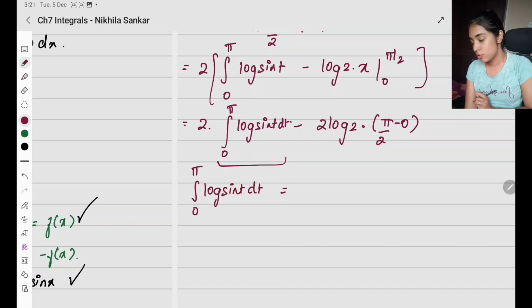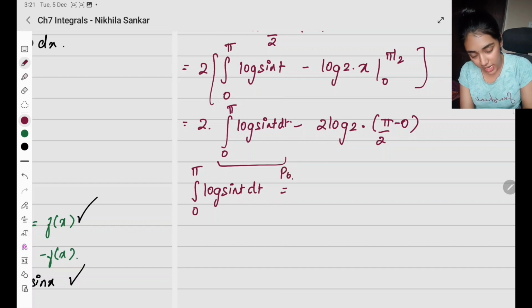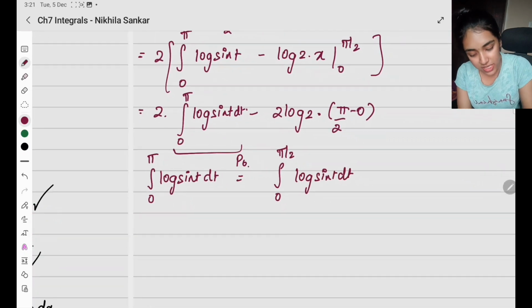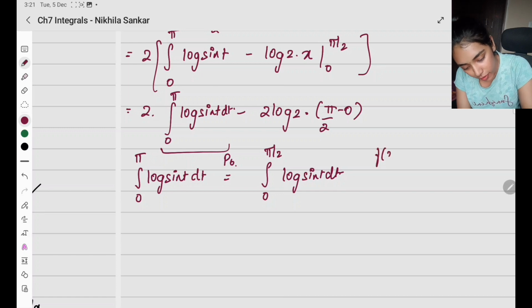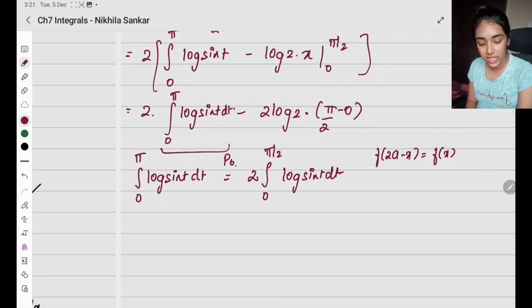This, according to property number 6, when I apply property number 6, I have integral 0 to pi by 2 log of sine t times dt. Here try applying f of 2a minus x equals f of x. This is going to be 2 times 0 to pi by 2 log of sine t times dt.